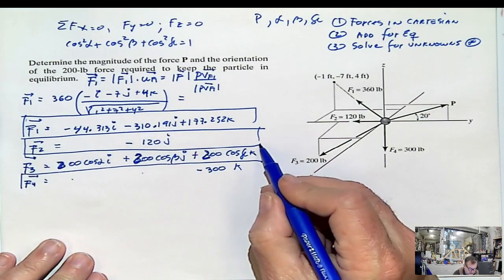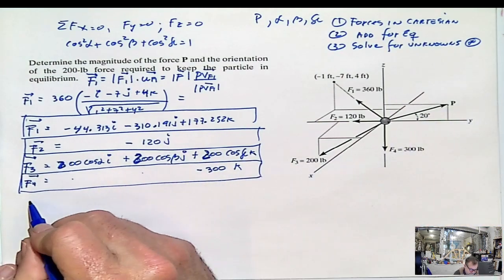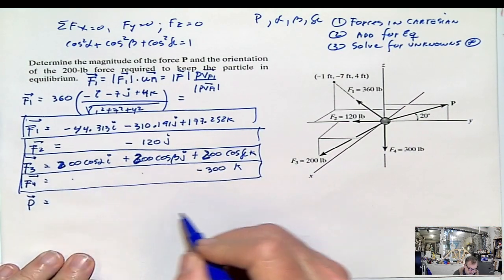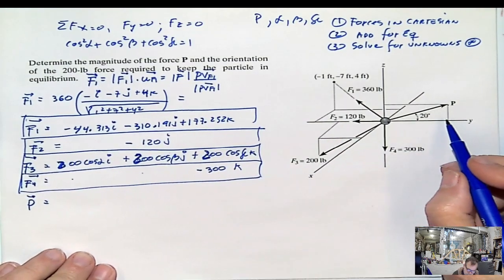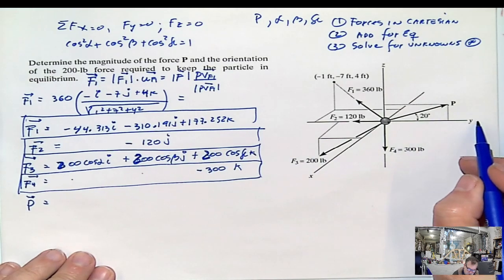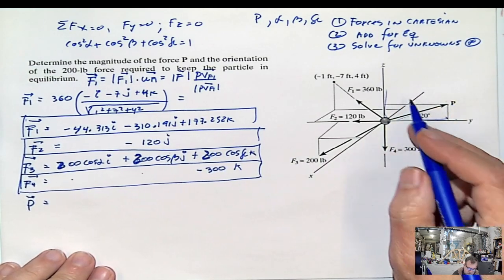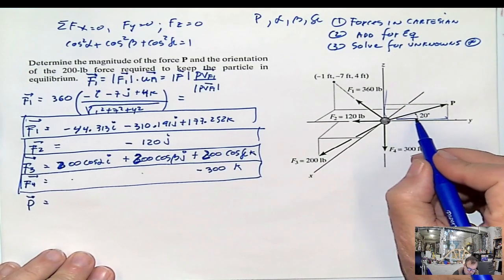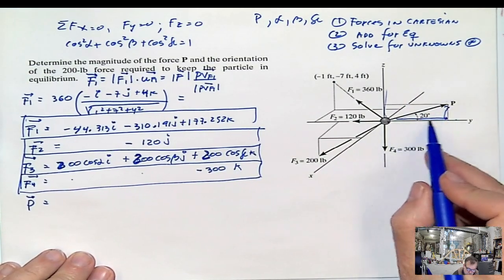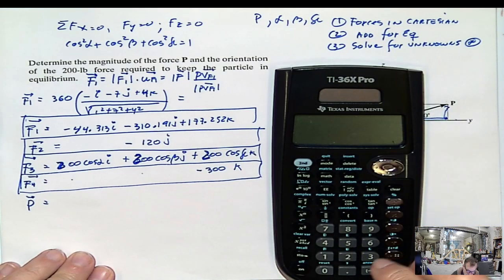And now we are missing the force P in Cartesian. And in Cartesian, the force P doesn't have any component in x because it goes entirely in the YZ plane. So this component will be P cosine 20 in the j direction.